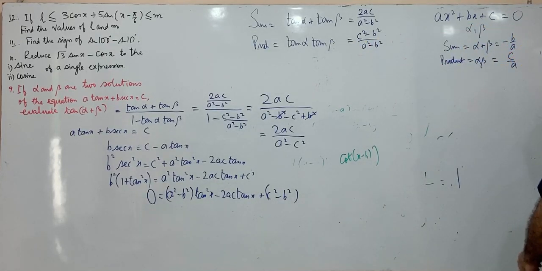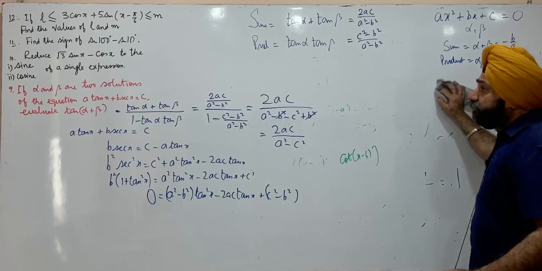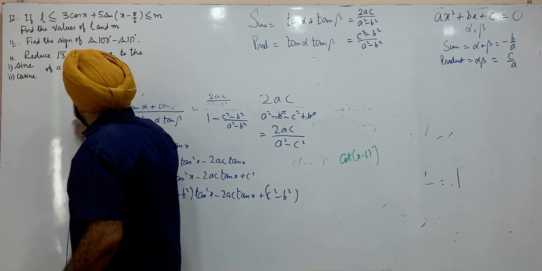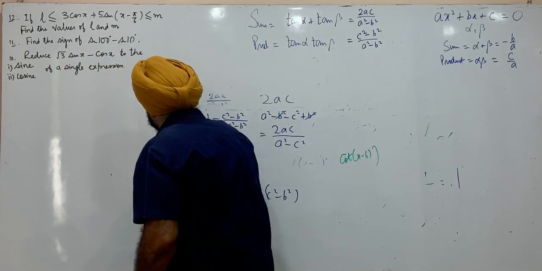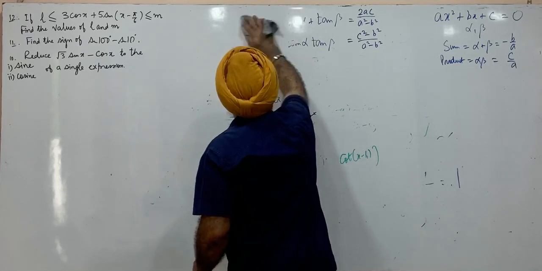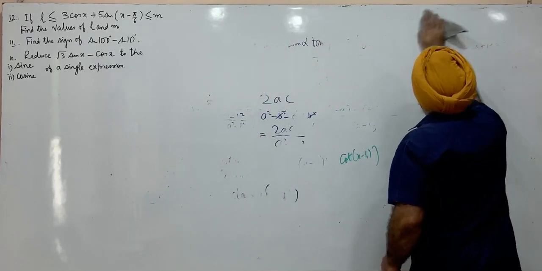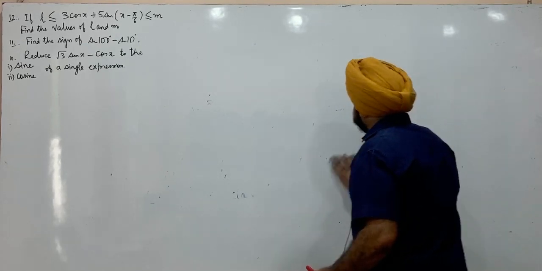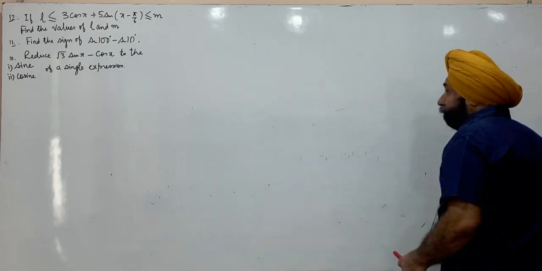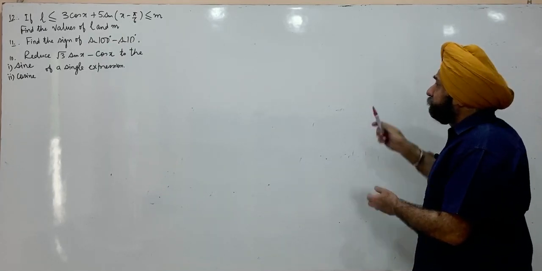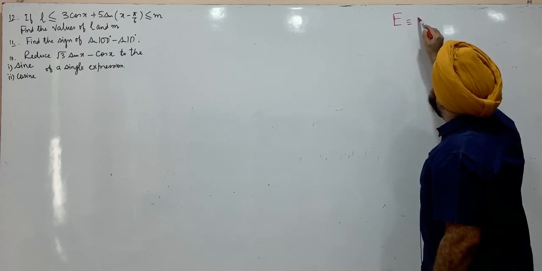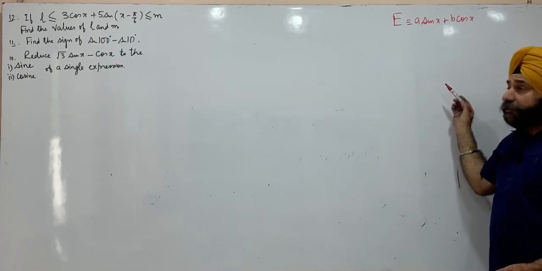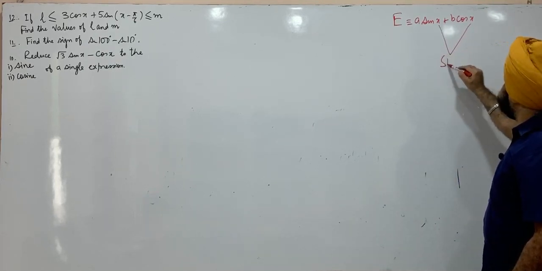The next three questions, the last three questions, are based on another concept. Let us discuss that. If we have an expression of the form a sin x plus b cos x, x has to be the same.